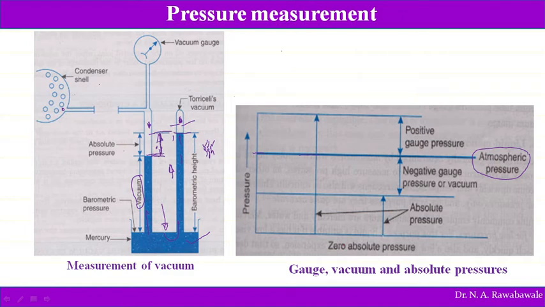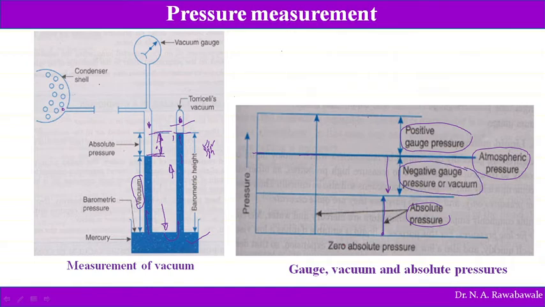The pressure measured below atmospheric pressure is known as vacuum pressure. The pressure measured above atmospheric pressure is known as positive gauge pressure, or simply gauge pressure, and negative gauge pressure is nothing but vacuum.